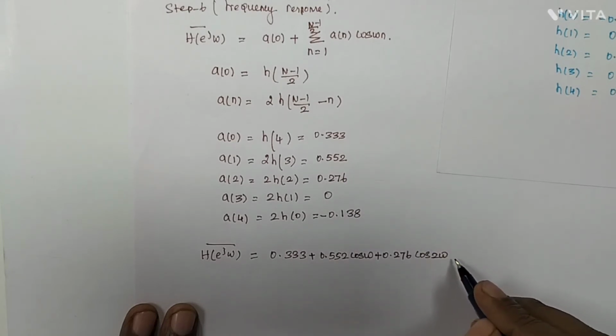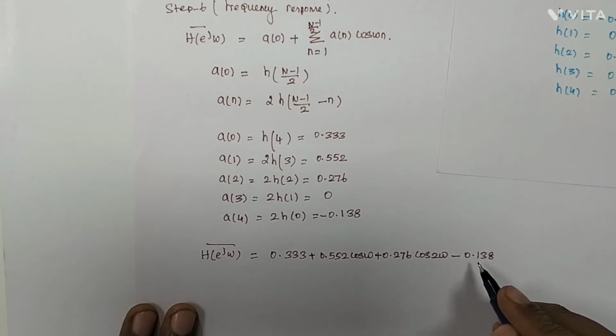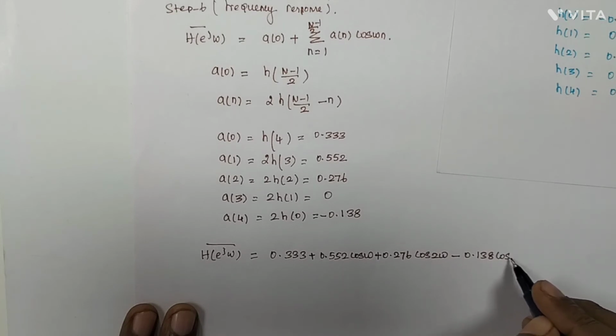Next minus 0.138. 3 omega is 0. That is the n value. For n value it is 0. For n is equal to 4, that is cos 4 omega.